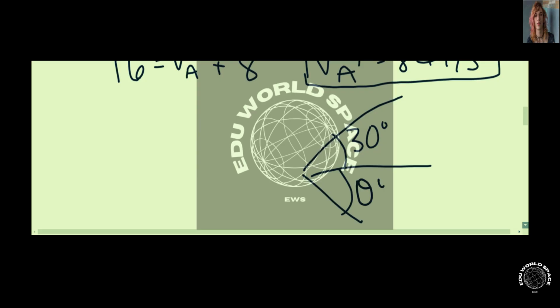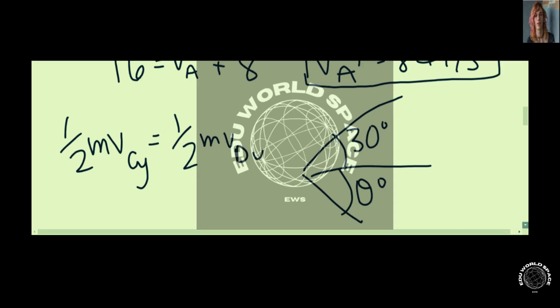Now, we also know that pieces C and D have the same mass, which means if we did the momentum principle in the y direction, we would get 1/2 m, so that's the mass of C, times its velocity in the y direction, should equal D's velocity in that direction, right? Because one is moving up and one is moving down in the y direction, and that is after the collision, and those are the only two pieces that have y direction change, which is why those are the only two terms in the equation.